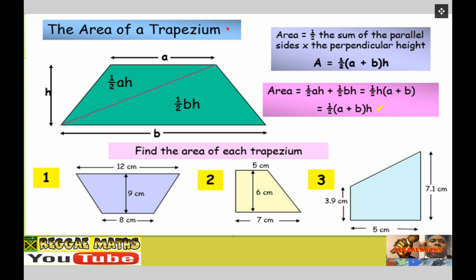Looking at the next question, you can see here identify the 2 parallel sides.